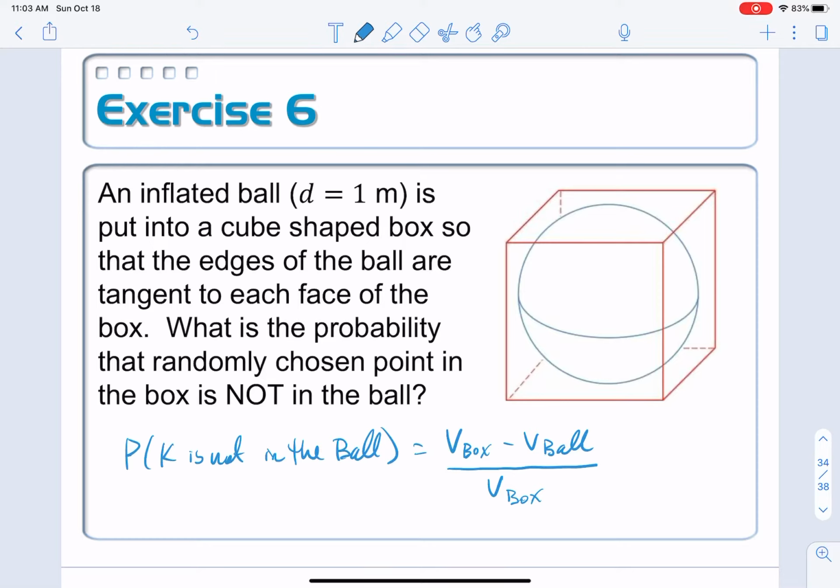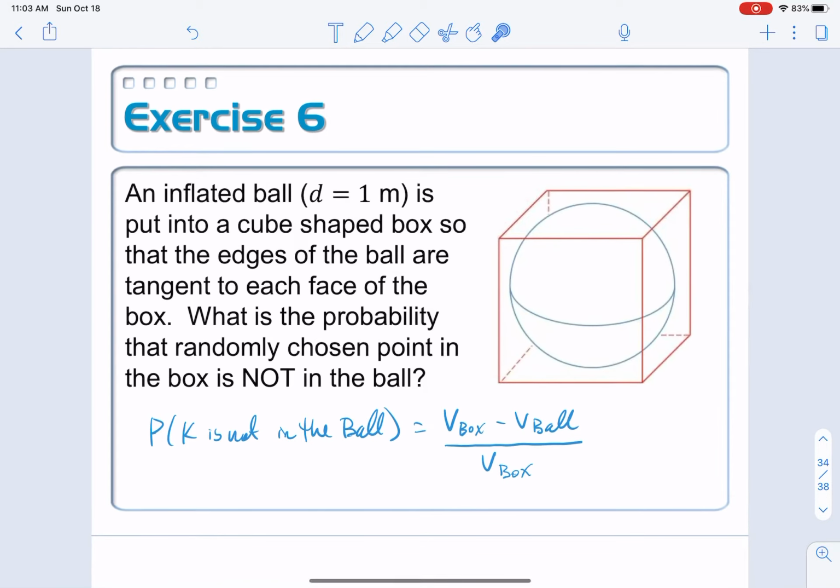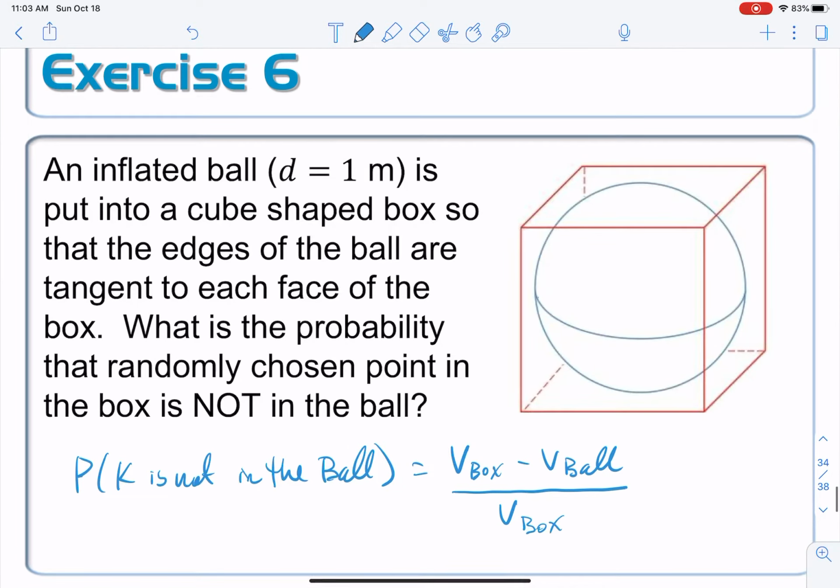Now let's find each one of these volumes. Given that the diameter of the ball is 1 meter, so from here to here, that diameter is 1. Maybe I just draw that in here. My diameter is 1 meter.